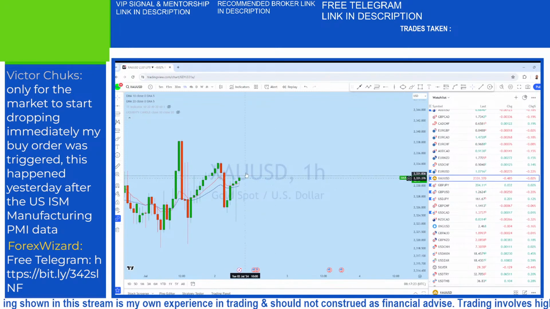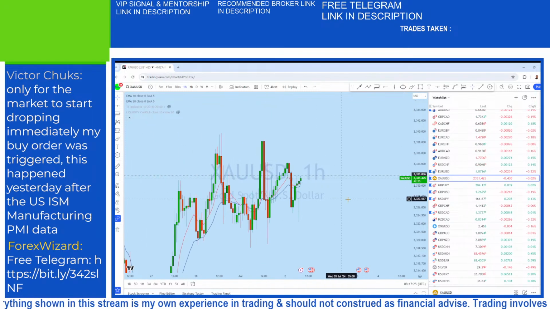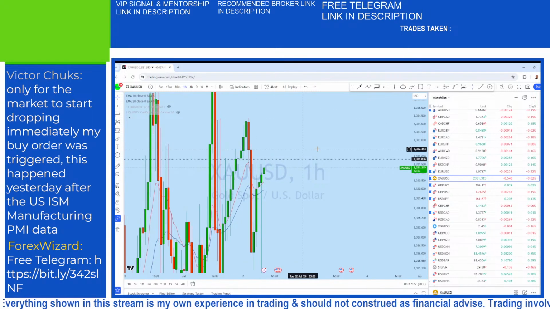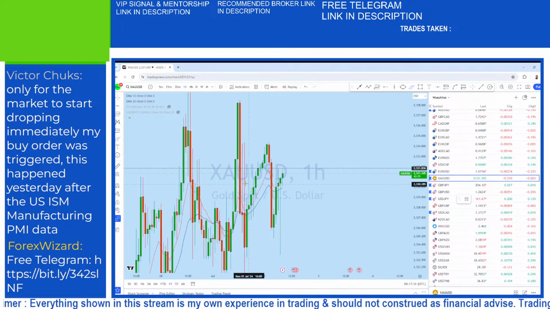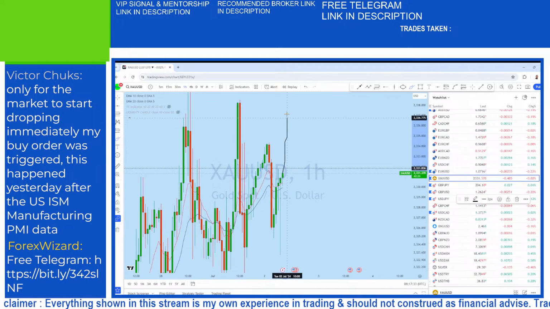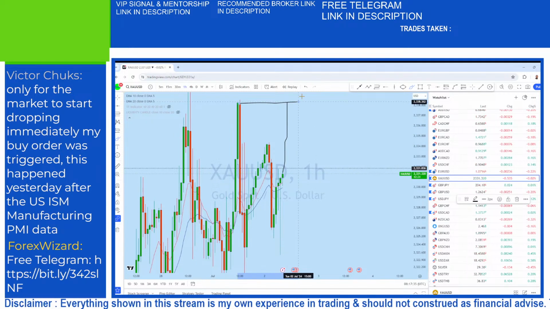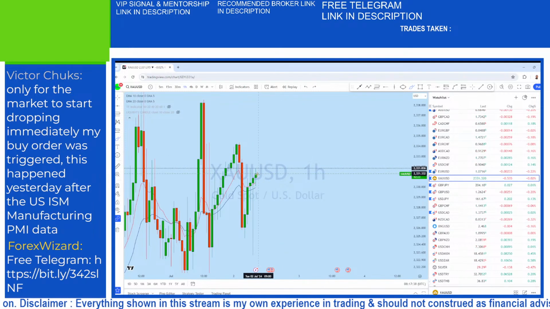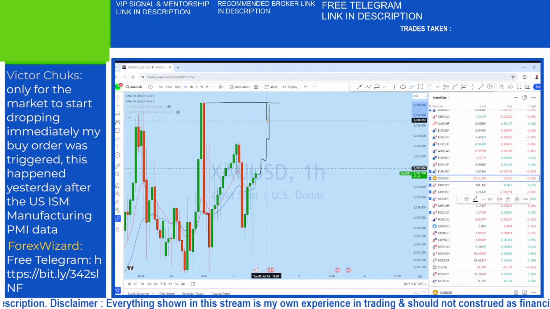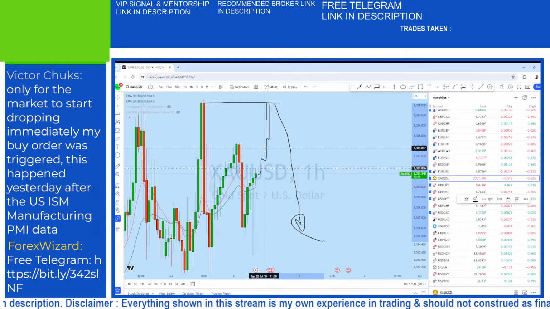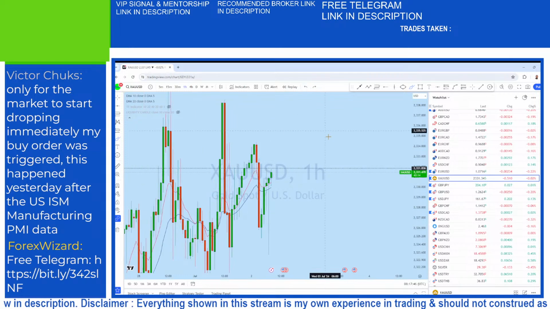I think we might see a bit of upside here on gold. Potentially we might see the price going in that direction. We might see that it's going back to this resistance line, waiting for the price to hit that level and then to drop down again, where the market might be heading.